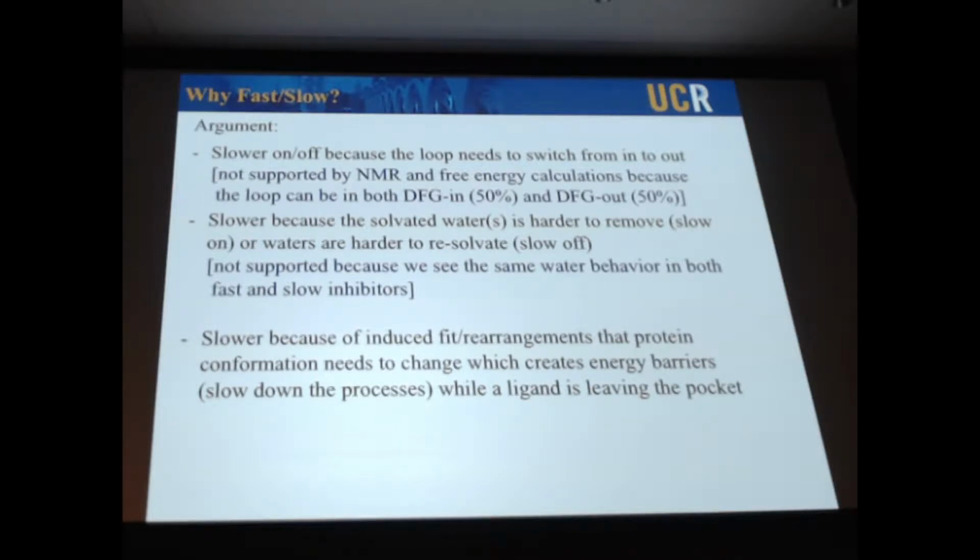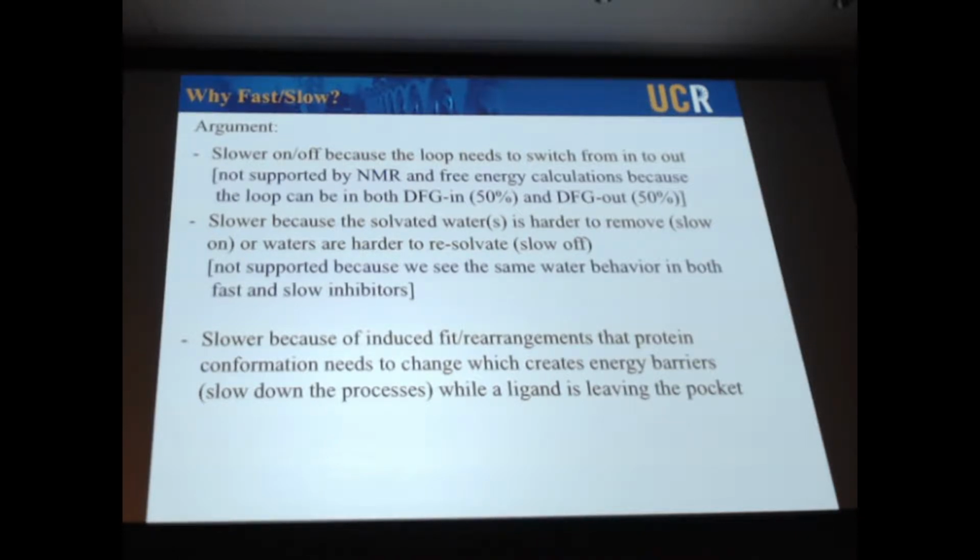And some people focus a lot on hydration, on water. So they think that this is the key point, a critical point to determine slow or fast binding. And we did not do a very, very thorough water analysis, but we checked hydration sites for the loop in position and opposition. We also checked the resolvation process, and we did not see a major difference that can contribute to a 1,000-times difference.